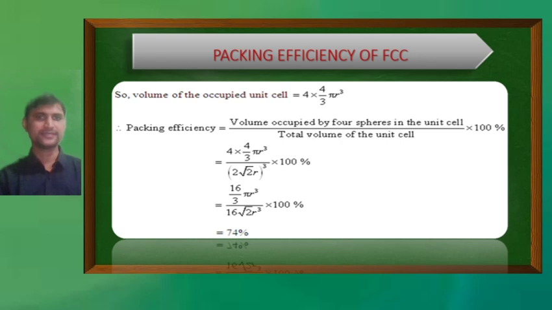But Z, the number of atoms present in the unit cell, for the FCC unit cell is 4, that's why we multiply by 4. So 4 into 4 by 3 pi r cube divided by total volume of unit cell, which we already counted as 2 root 2 r raised to 3, into 100%. After the calculation we get 74% packing efficiency.